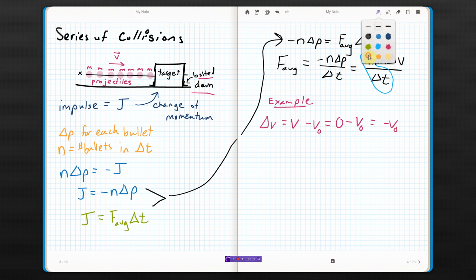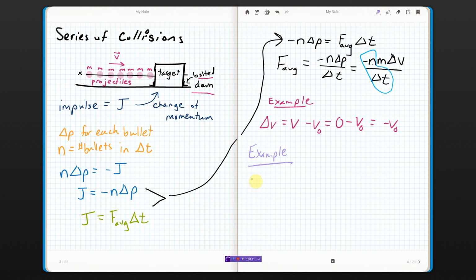Sometimes they'll give you problems where, as another example, I'm pretty sure I gave you a homework problem about bullets bouncing off of Superman's chest, and I think in that one the problem said that they rebound directly backwards from the target with no change in speed.